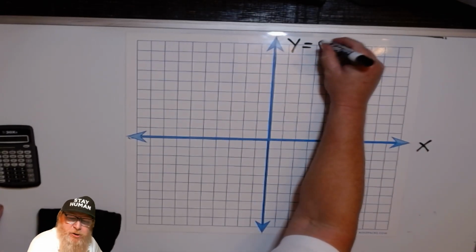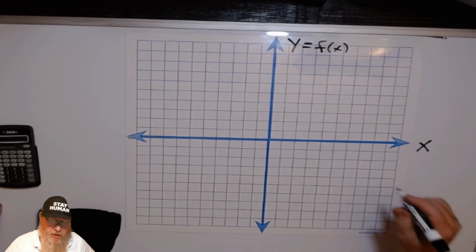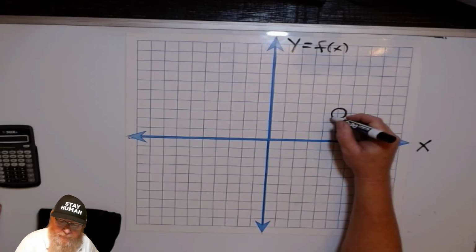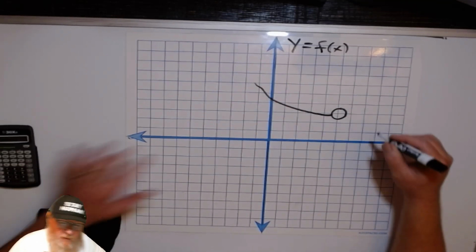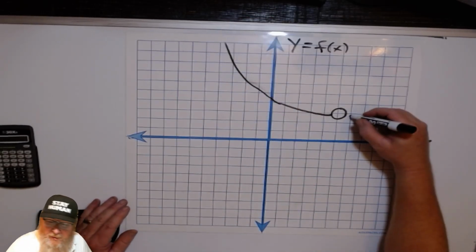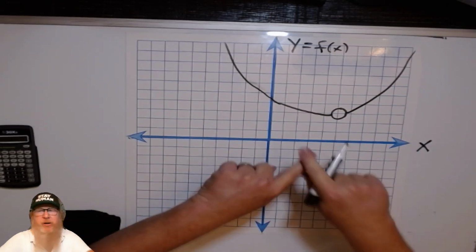Y is a function of x. And then we have a graph of a function. Doesn't really matter what the function's doing, just some curve. It could be a line.